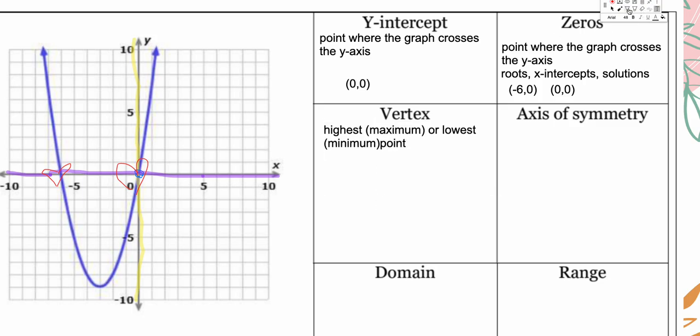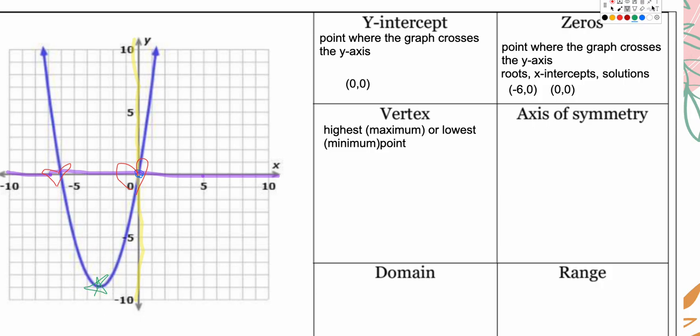So I like to put a star on that because it's either the highest or lowest value. So here, because it's pointing up, this is the lowest value. Why? Because it's going to keep moving forward. This right there where I put the star is the vertex.